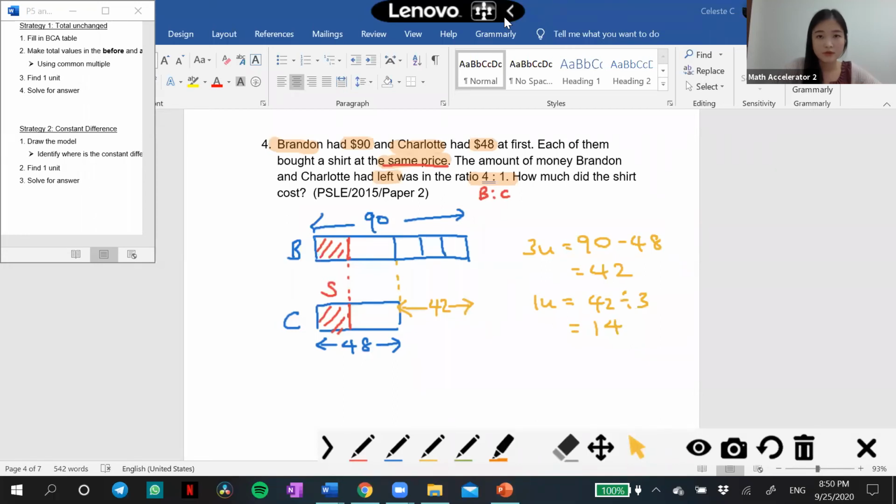Okay, I'll give you some time. Right, can you select the answer, if you found it? What must you do with that 1 unit? Is it already the cost of the shirt? Or is there another step that you must do?